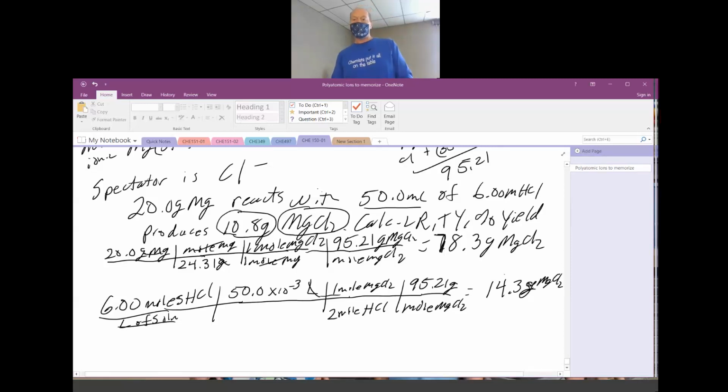All right, so this is the lower of the two values. So the lower of the two values, that is the theoretical yield, which comes from the limiting reagent.